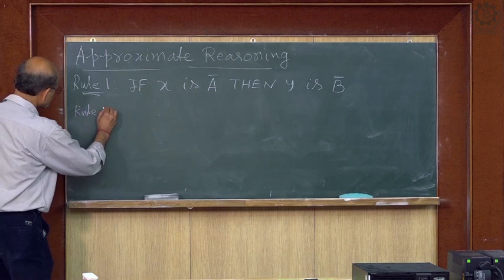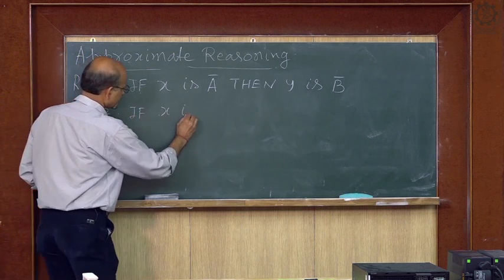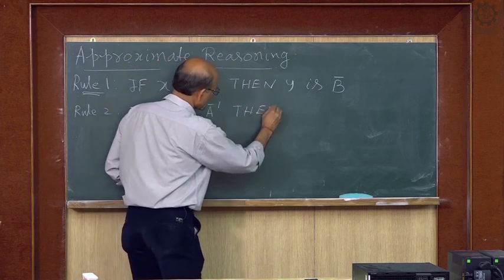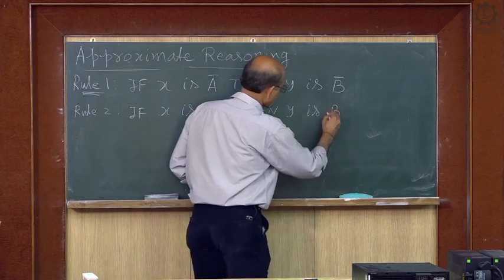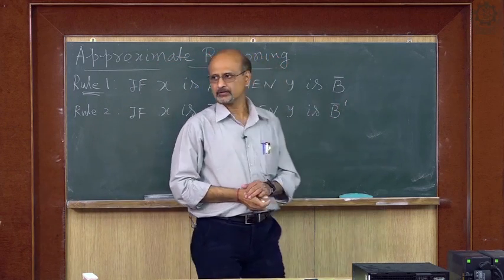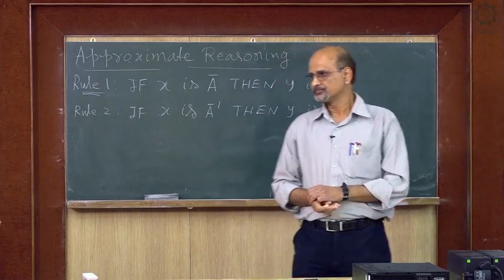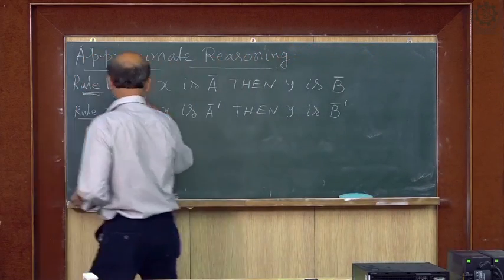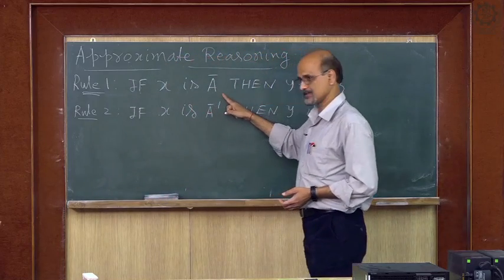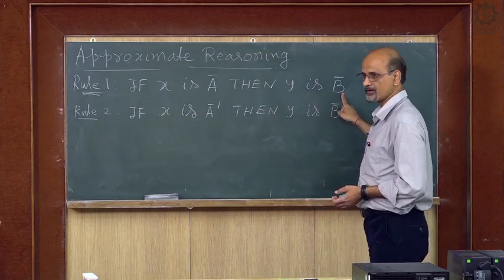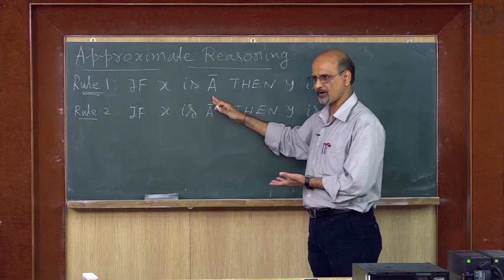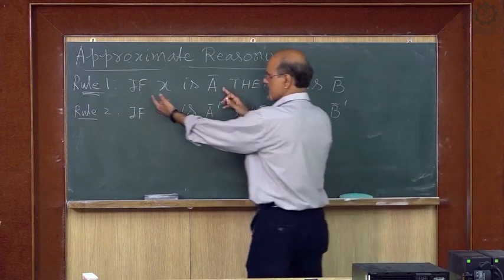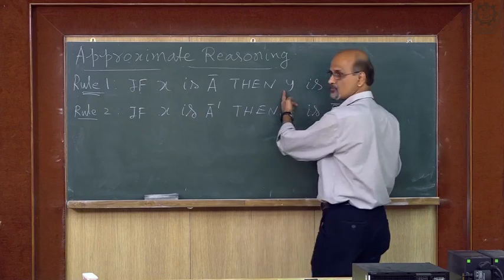And rule 2, suppose if x is A bar dash then y is B bar dash. So the first rule is if x is A bar then y is B bar, like if pressure is this, temperature is this. This is your antecedent, this is the consequent.